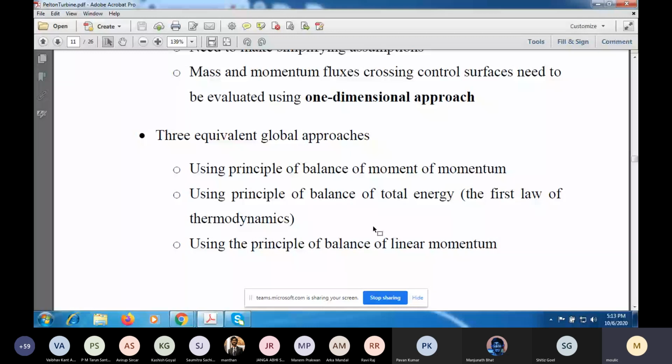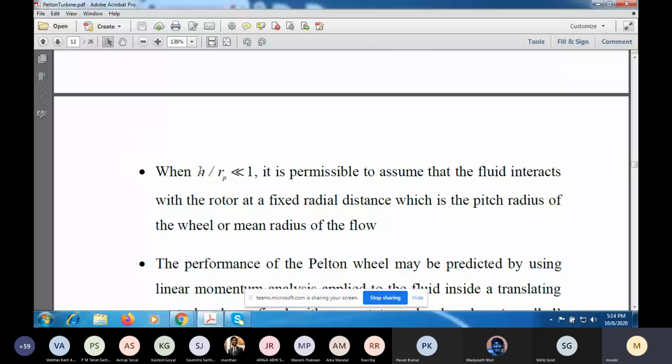Now, as I said before, if h is the height of the bucket and rp is the pitch circle radius or mean radius of the buckets, then if h by rp is much less than 1, you can assume that the fluid interacts with the rotor at a fixed radial distance, which is the pitch radius of the wheel or the mean radius of the flow.